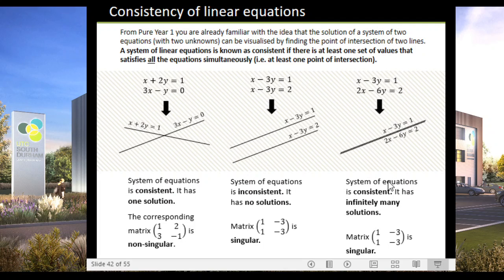That means the system of equations is consistent, but it has infinitely many solutions, right? And you can see that the matrix (1, -3; 2, -6), there's a slight typo there, that should say 2 minus 6, is singular. And you would find that is singular, that is, the determinant of that matrix is 0.